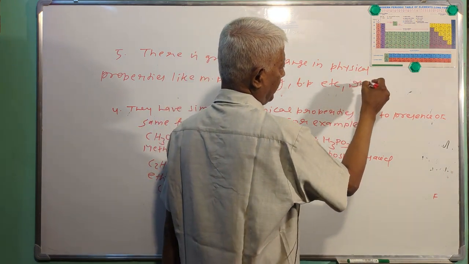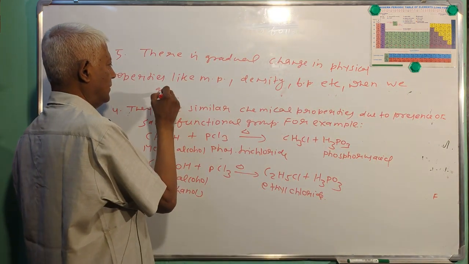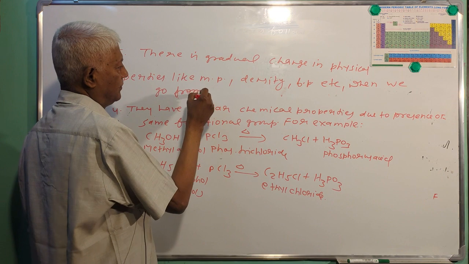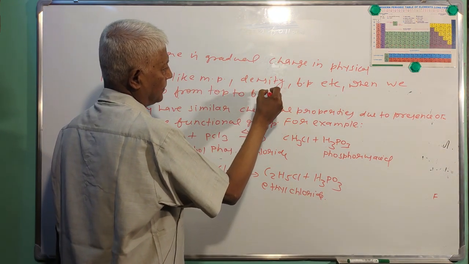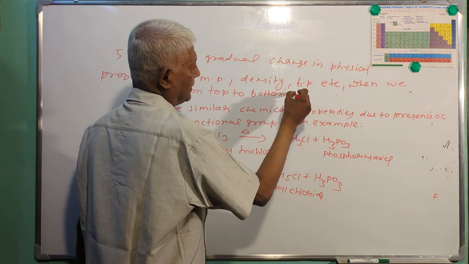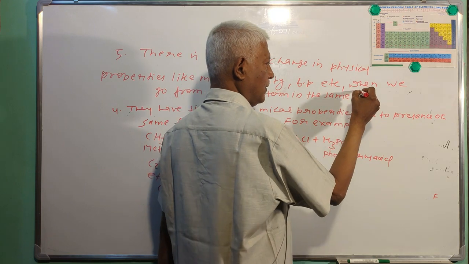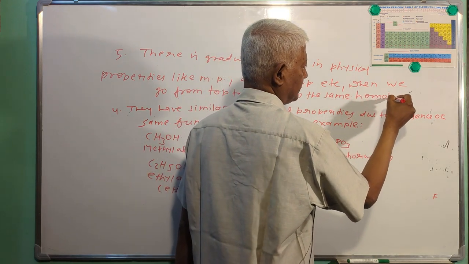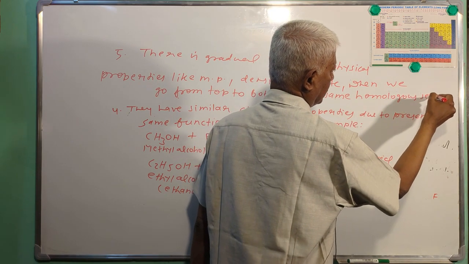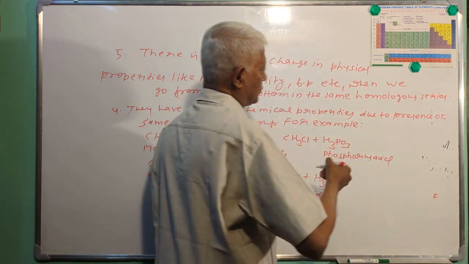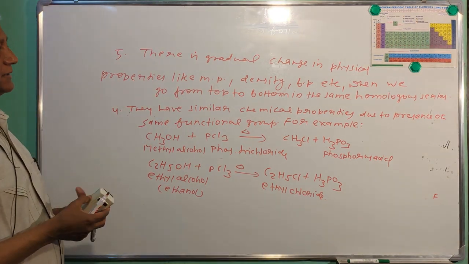When we go from top to bottom in the same homologous series, what about its melting point?